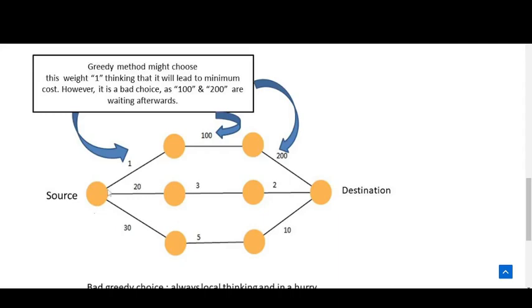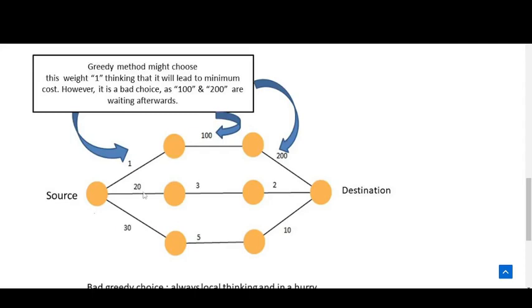The greedy person, because at the end when he reaches the destination he should have the minimum cost path, thinks he will pick this one, 1, and not 20 or 30.